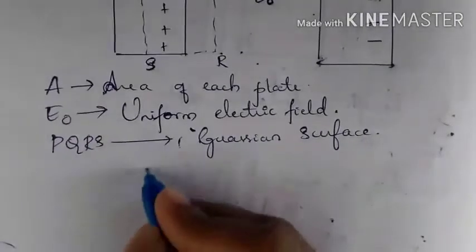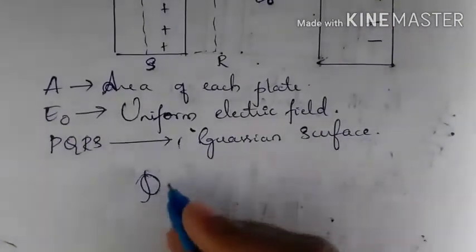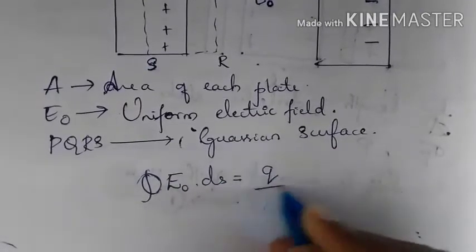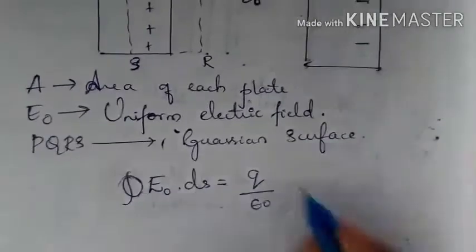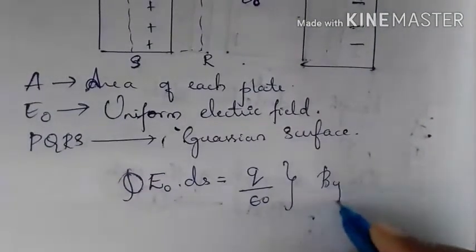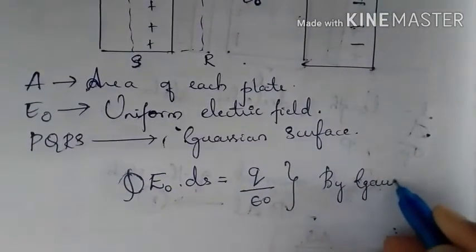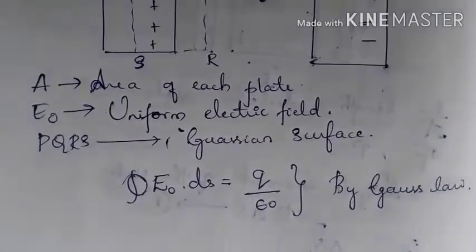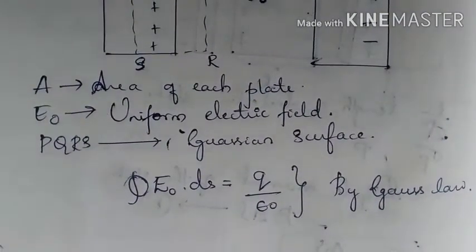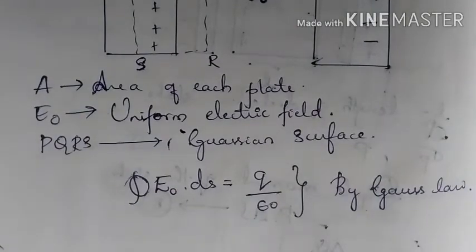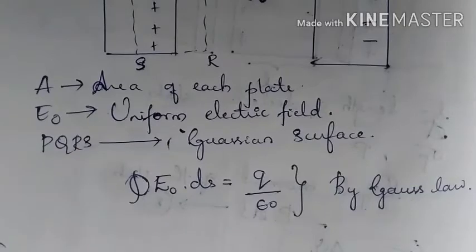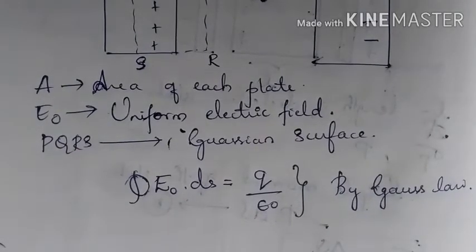integration over a closed surface E naught ds is equal to Q by epsilon naught. So this is by Gauss law. So what that means? That is the total electric flux across the closed surface is equal to 1 by epsilon naught times the total charge enclosed by the surface.